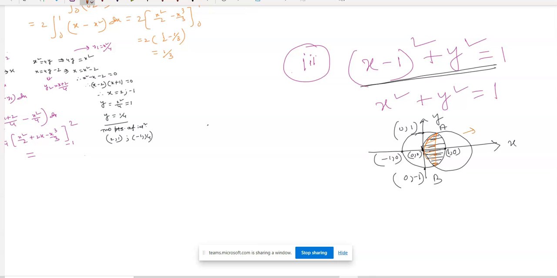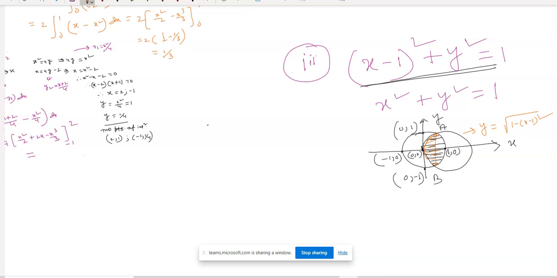In the second curve, what is y? y is the square root of 1 minus (x minus 1) whole square. So this will cover from this point to this point.